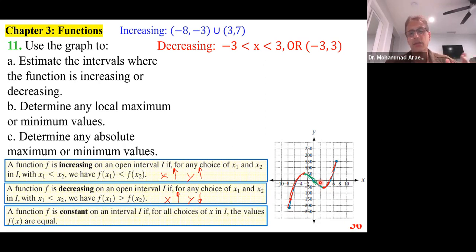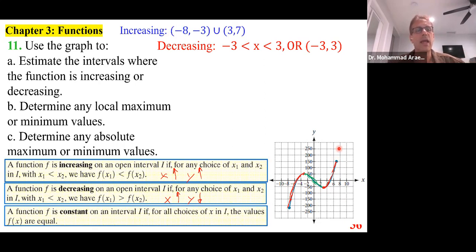As far as the endpoints, in some texts they include this endpoint, and in some texts they don't. Because you don't know what happens afterwards, it's really good practice not to. But you want to stick with what your math does to get full credit. And decreasing from -3 to 3.